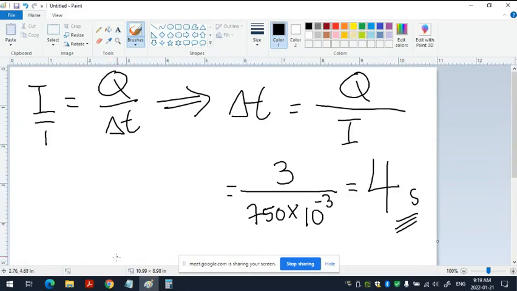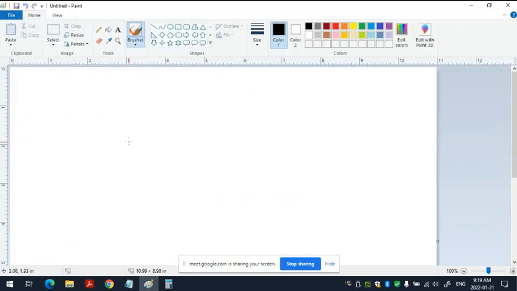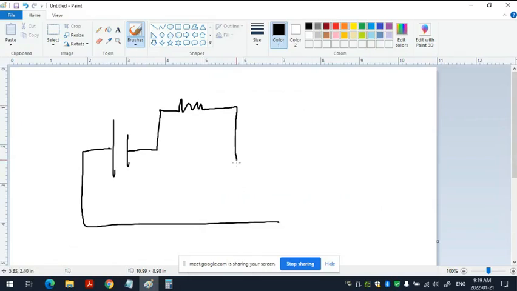Okay, so let's sketch that question, the circuit. How many people did this? For that, yes, because it has to split.